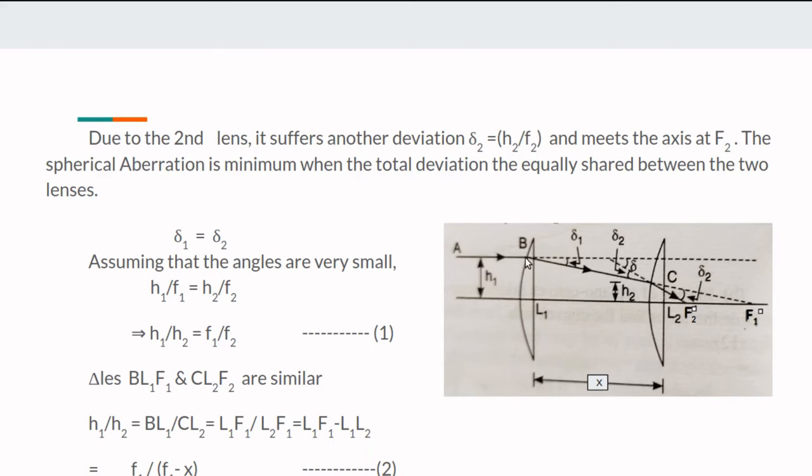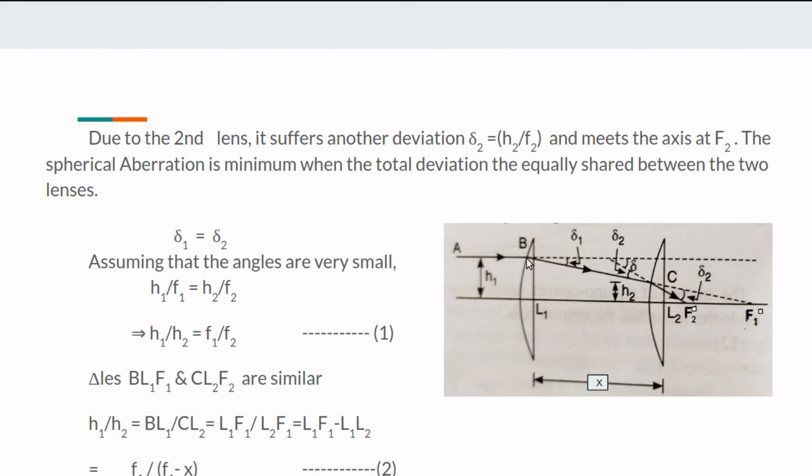In this triangle BL1F1, this is delta 2. We know that the deviation produced by a lens is equal to the height of the ray from the principal axis, h1, divided by the focal length, h1 by f1. This is the deviation produced by the lens.